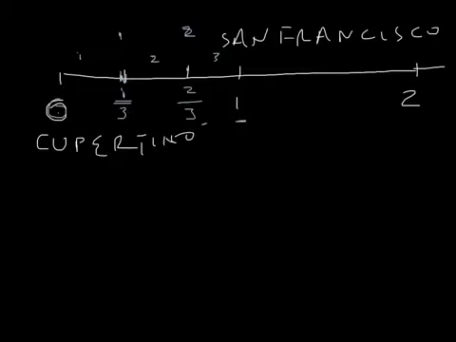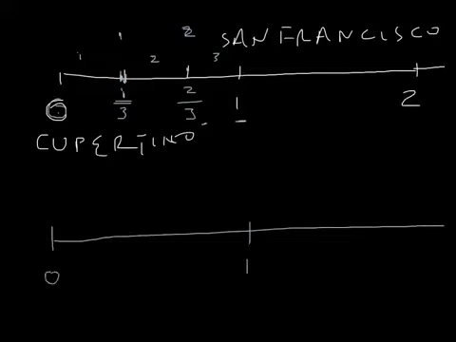Okay, so now I'm going to try to keep the same scale. So I'm going to call this 1, call this 0, and call this 2. Now instead of 3 parts, or instead of 2 cities, I'm going to divide it into 6 parts or 5 cities.